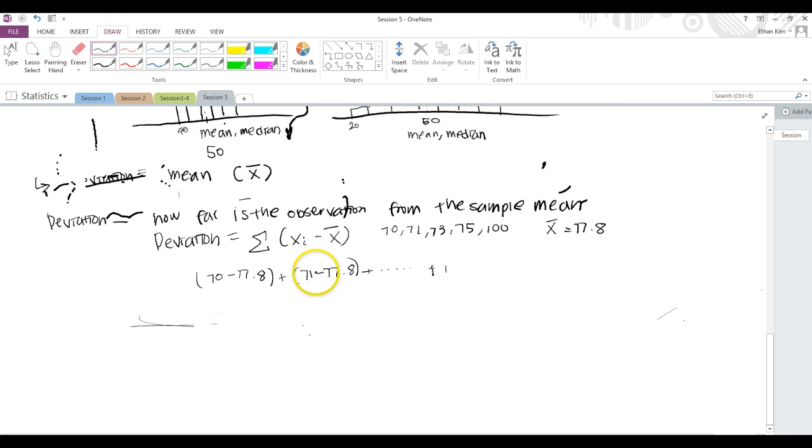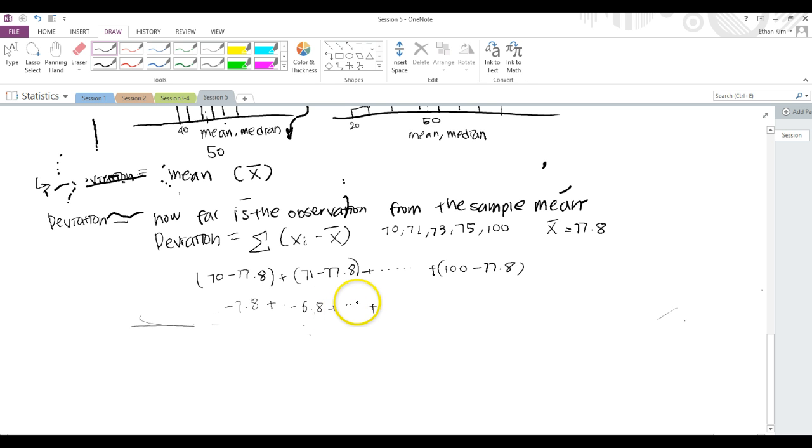The last one will be 100 minus 77.8. Notice that we have negative numbers here: negative 7.8, plus another negative, negative 6.8, and so on.